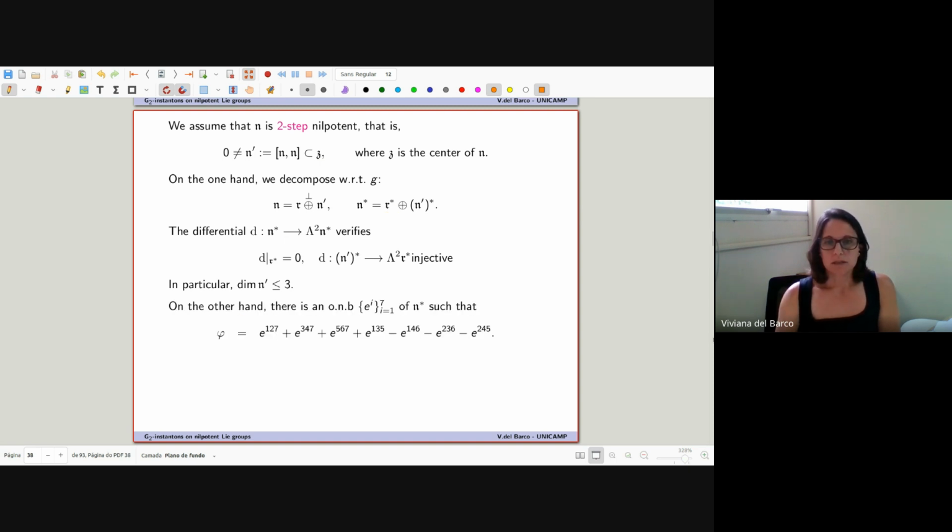But on the other hand, I have a G2 structure there, so I will have an orthonormal basis such that the 3-form will have this standard form, as I said before. The problem is that, in general, this basis is not adapted to this decomposition.